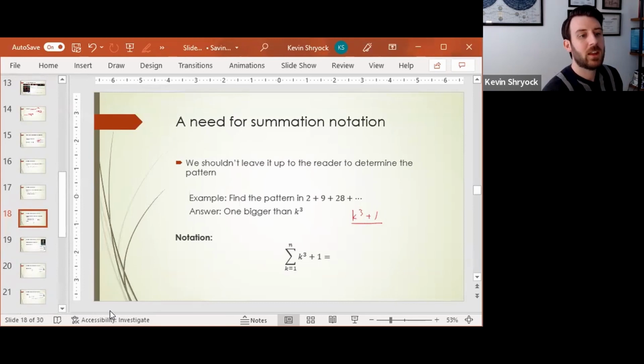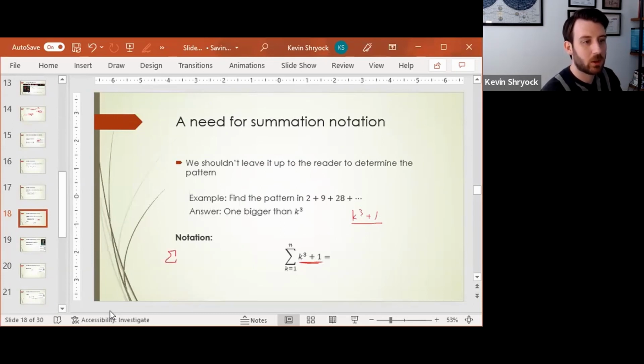So we'll make a notation system that says, here's the pattern explicitly. That's the pattern we're going to follow. And then we'll say we're going to do a whole bunch of addition, a little summation. To say that we're going to do a summation, we'll use the Greek letter sigma.